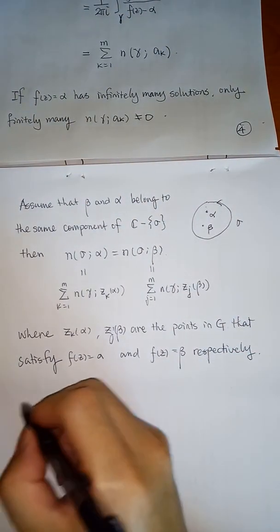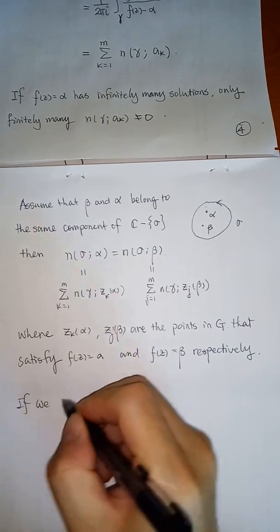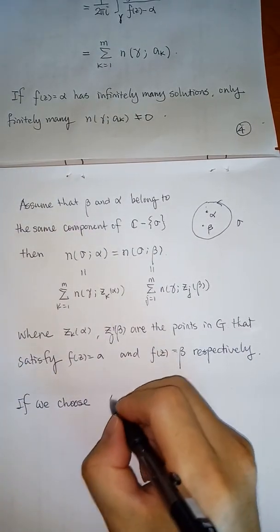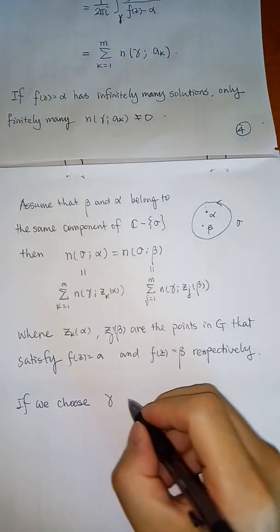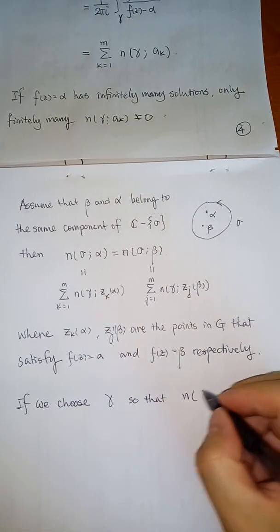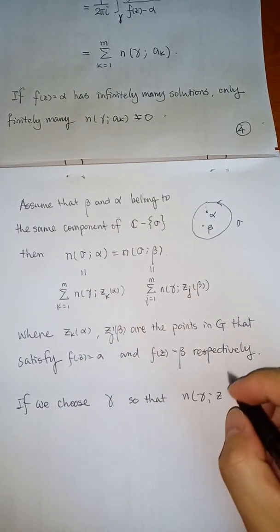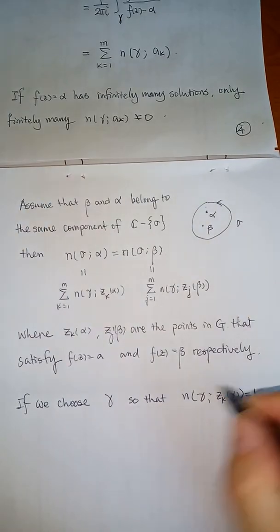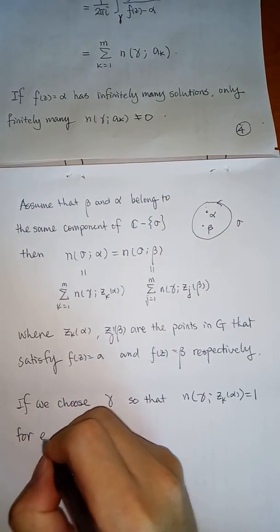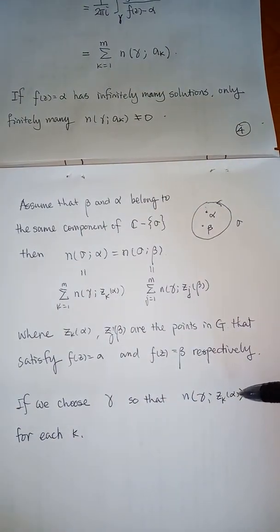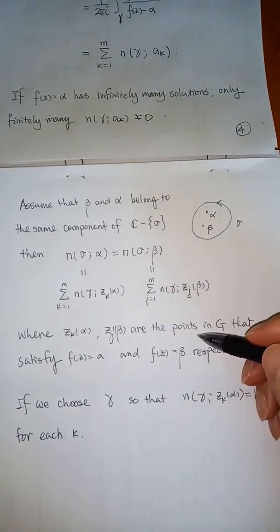If we choose gamma, the original gamma, so that the winding number of gamma with respect to z_k(alpha) is equal to 1 for each k, for each solution you just get a 1.